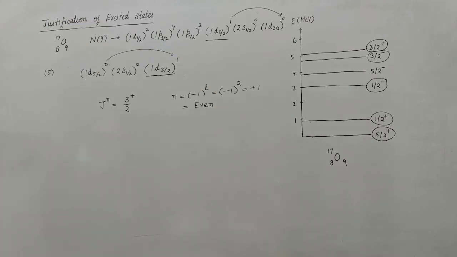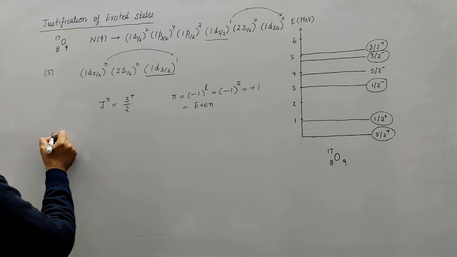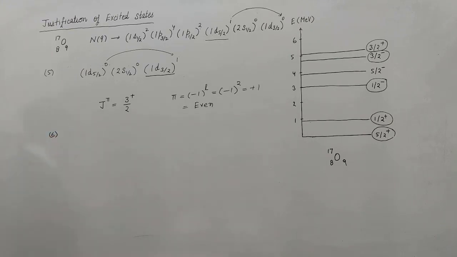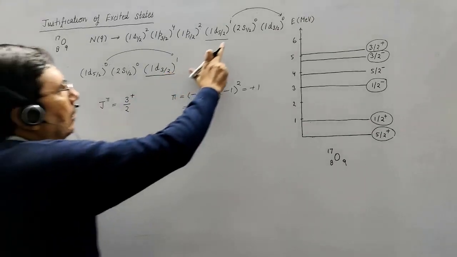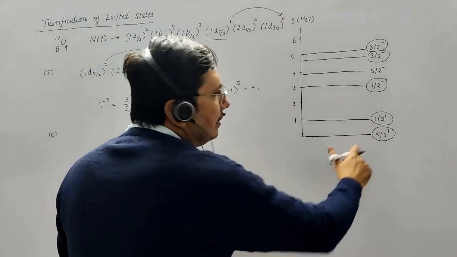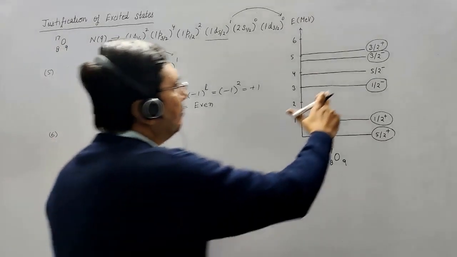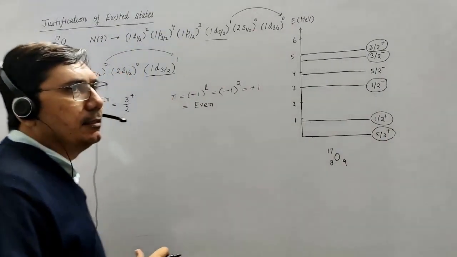Now, the last excited state is 5 by 2 minus. How can you obtain this 5 by 2? Basically 5 by 2 is not here in the picture. Here we have one 5 by 2, but when the unpaired neutron is here, it will be responsible for the ground state. So I'm not finding any way in which we can explain this 5 by 2 minus.